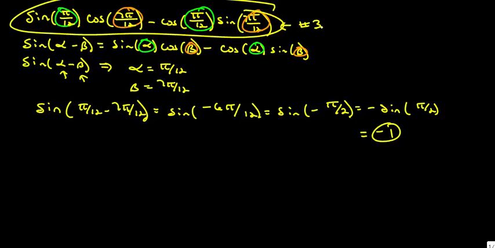So if you plug this whole big thing up in the top into your calculator, you should get negative 1 out. Number 4 is the same procedure.